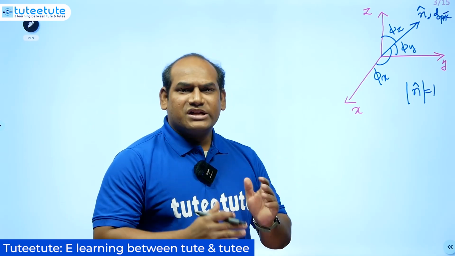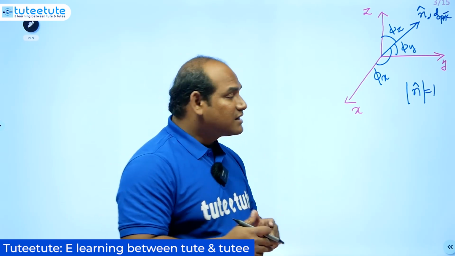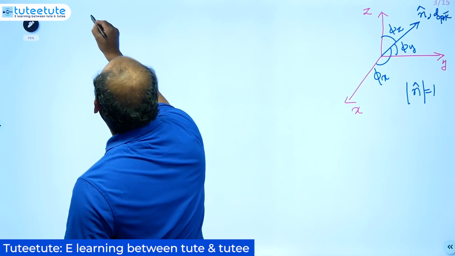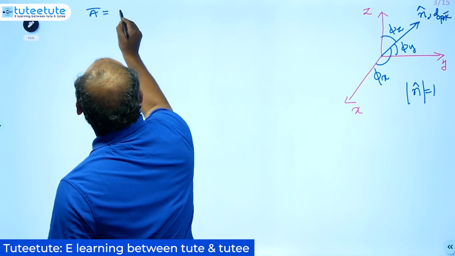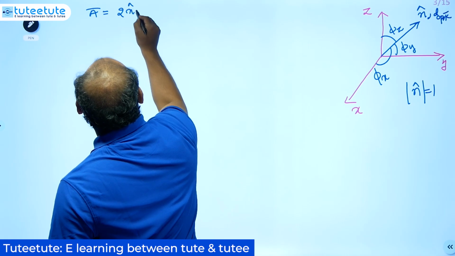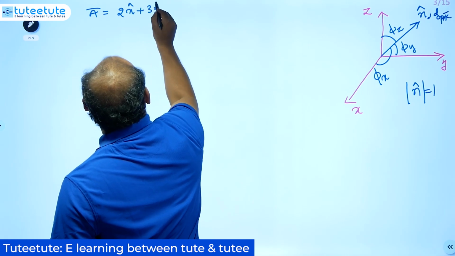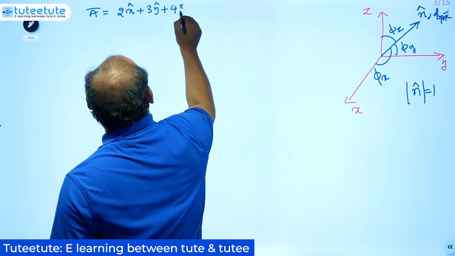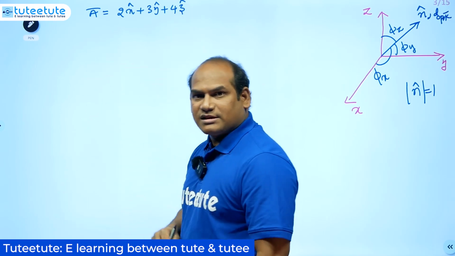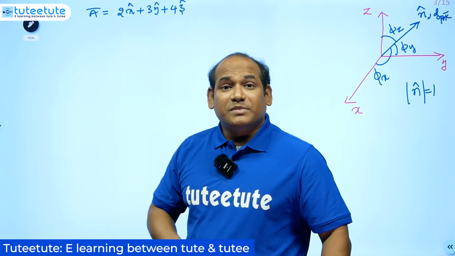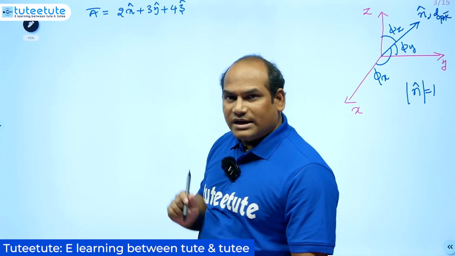the n cap. Generally, how will we represent a vector a bar? For example, if you take vector a bar, that is like 2x cap plus 3y cap plus 4z cap. Like this, one vector is there. How will we represent this? What is the meaning of 2, 3, 4 here?